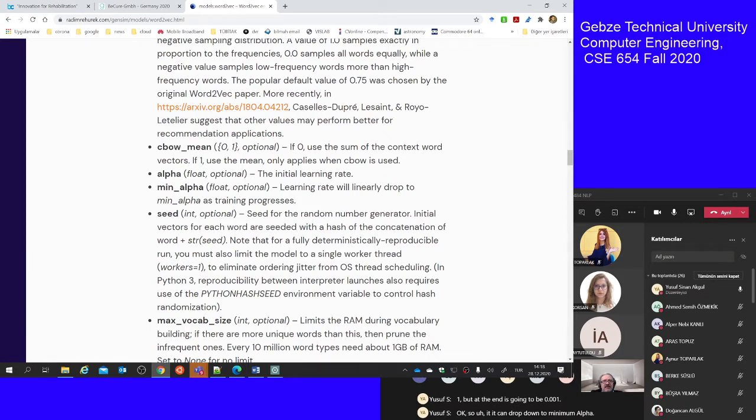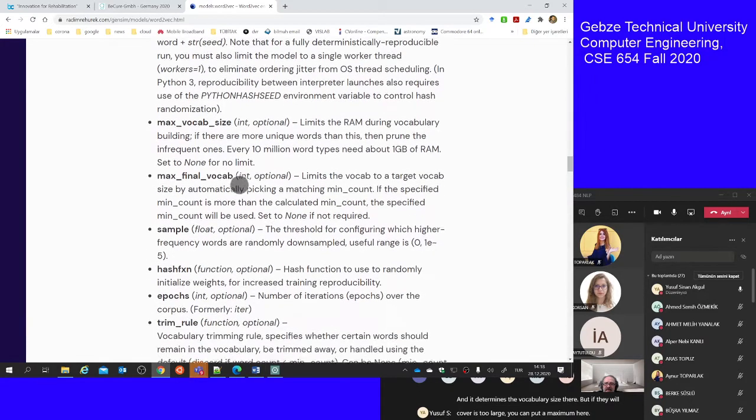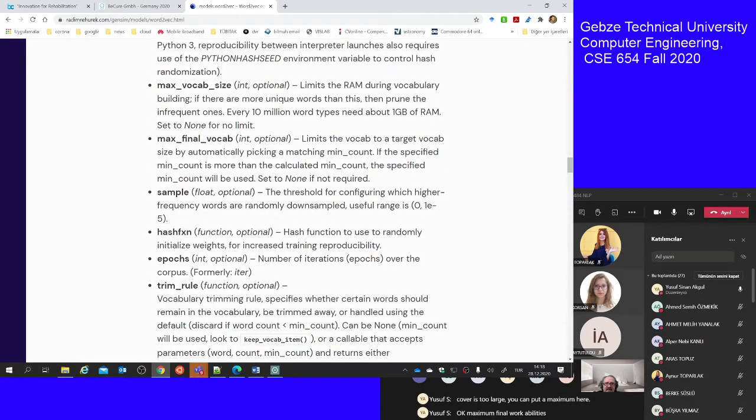Since we are doing this in a stochastic gradient descent way, a lot of randomness is going to be happening. So if you'd like to provide a seed for this randomness, you can do that. Max vocabulary size: you give the corpora and the corpora is counted, and it determines the vocabulary size. But if the vocabulary is too large, you can put a maximum here. Maximum final vocabulary is something related.